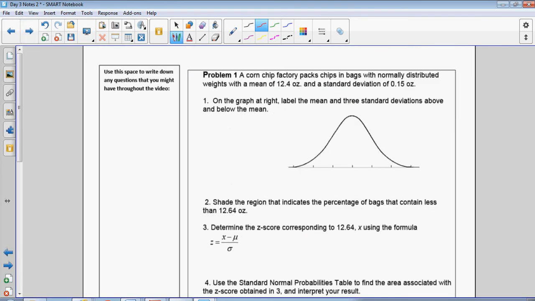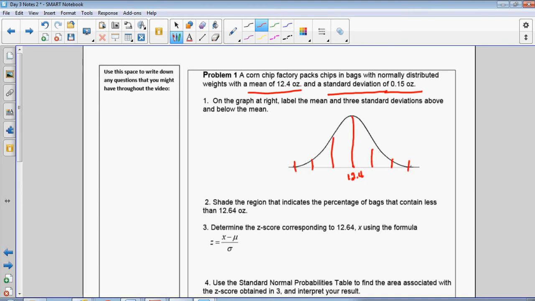And on the next page, we're talking about a corn chip factory that packs bags that are normally distributed weights with a mean of 12.4 ounces and a standard deviation of 0.15 ounces. So again, you want to put your mean right there in the middle. And let's draw the other standard deviations.